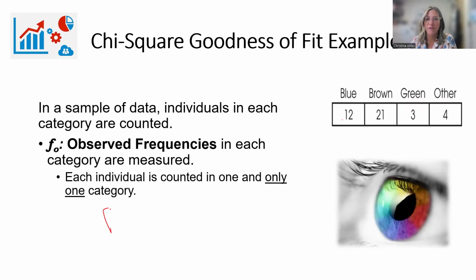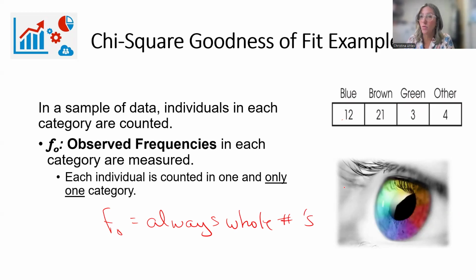So F of O is always whole numbers. That's because there can only be one observation per category for each person, or one person can only be in one category with one observation. They can't split their observations. So that's our observed frequencies.